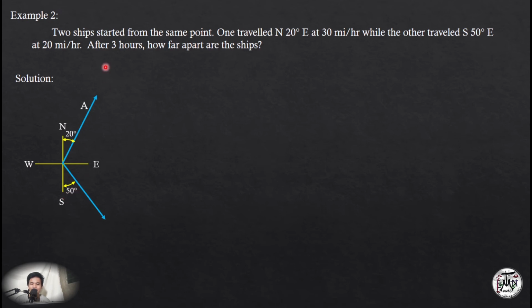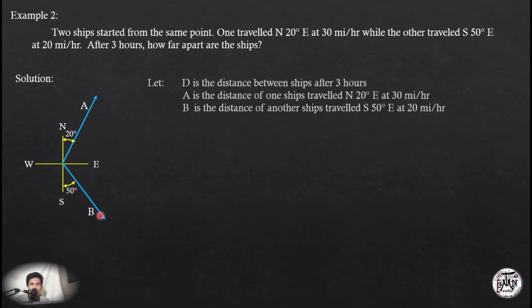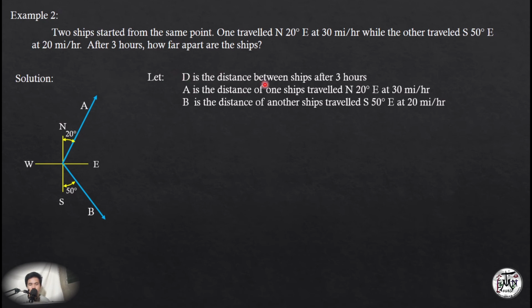Then we indicate here is A. Then another ship is B. So let d be the distance between the ships after 3 hours. Let a be the distance that one ship traveled, north 20 degrees east at 30 miles per hour. Another, b, is the distance that the other ship traveled, south 50 degrees east at 20 miles per hour.